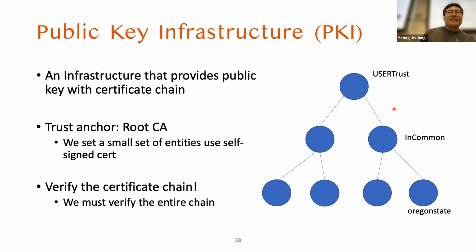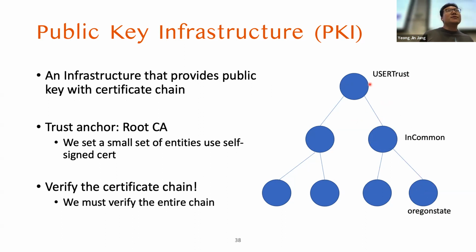The important thing about using PKI is that trust is verified by chain. Even if that company verifies the identity of Oregon State, we should not stop the verification there.